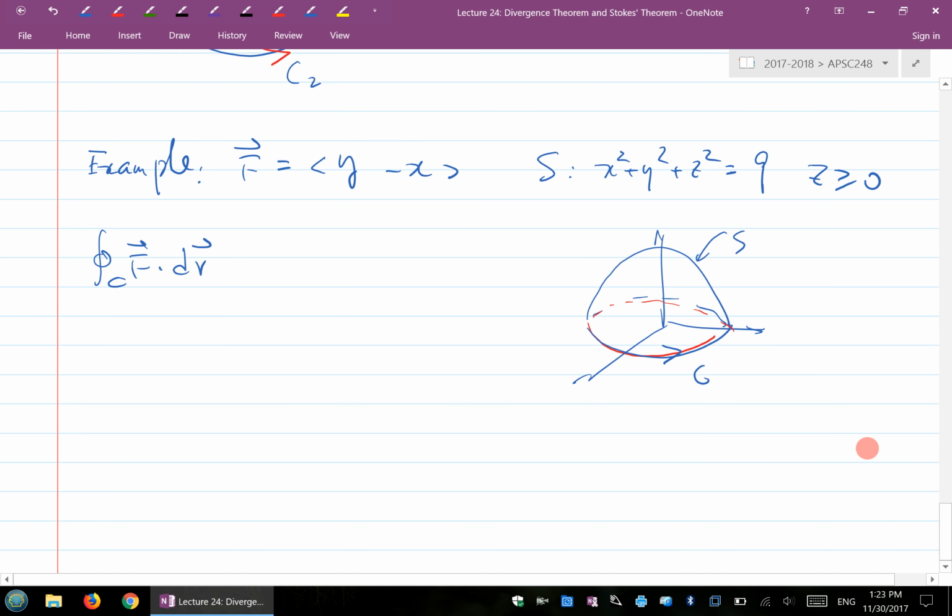If you never learned Stokes theorem and were asked to calculate the line integral over the curve C, the first step is to come up with a parametric equation for the curve C. This is the circle x squared plus y squared equals 9. So the parametric equation is 3 cosine t i hat plus 3 sine t j hat.